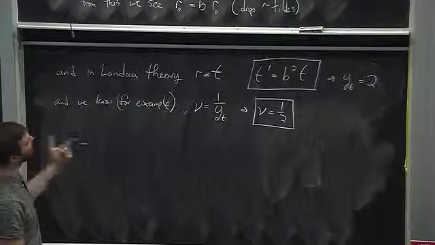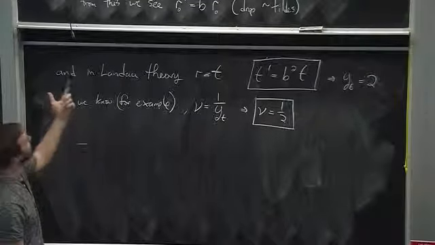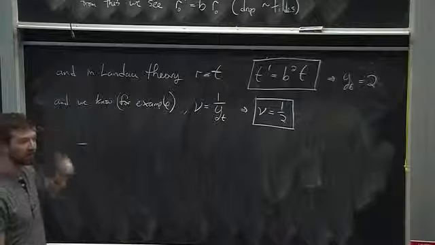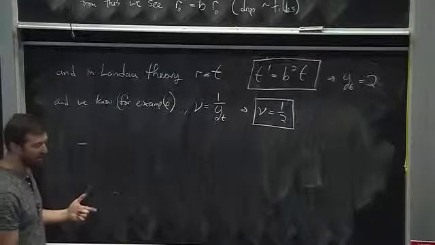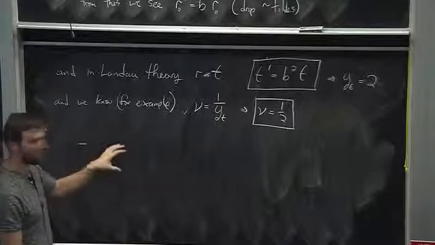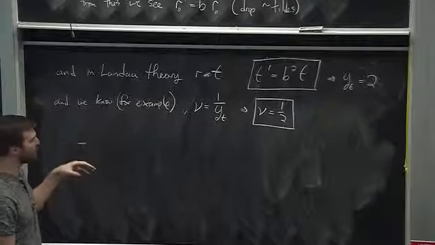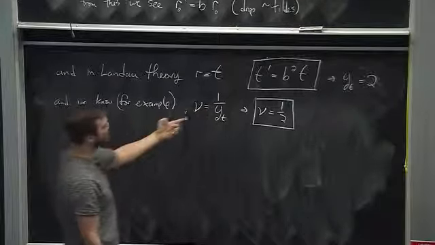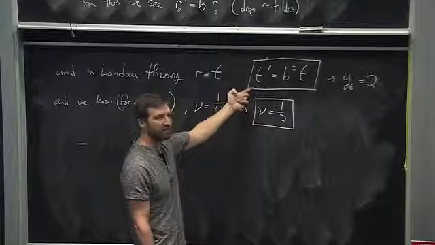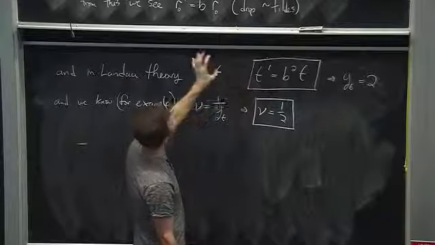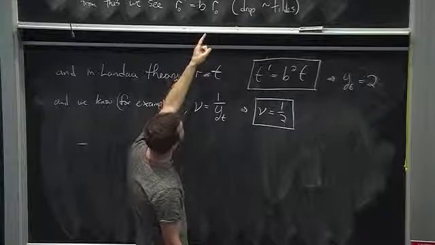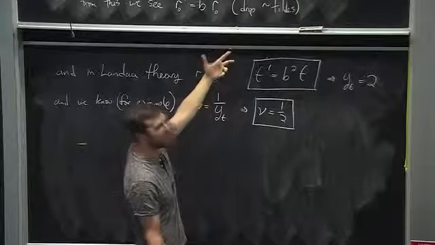You already know that the Gaussian part of the Landau-Ginzburg-Wilson action corresponds to mean field theory. So here you get the mean field critical exponent just like you should, but now you've done it by looking at the RG equation, which comes out of just enforcing self-similarity and looking at how the coefficients scale.